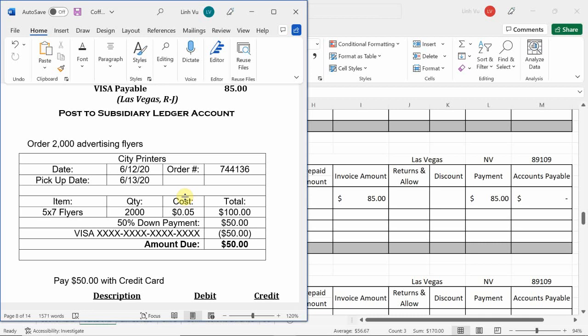This company requires us to pay a 50% down payment to ensure that in case we cancel or don't pick up the flyers, they do not lose money. This is their insurance that we are going to commit to this project.